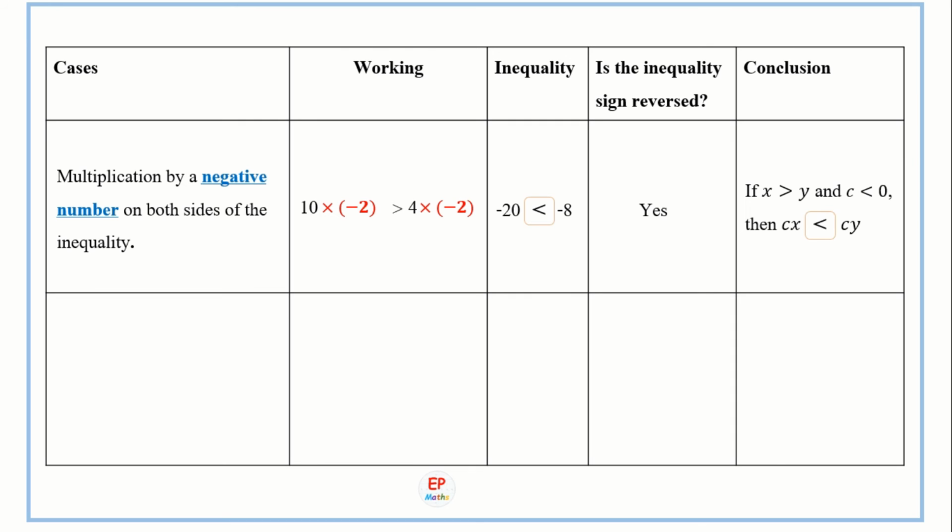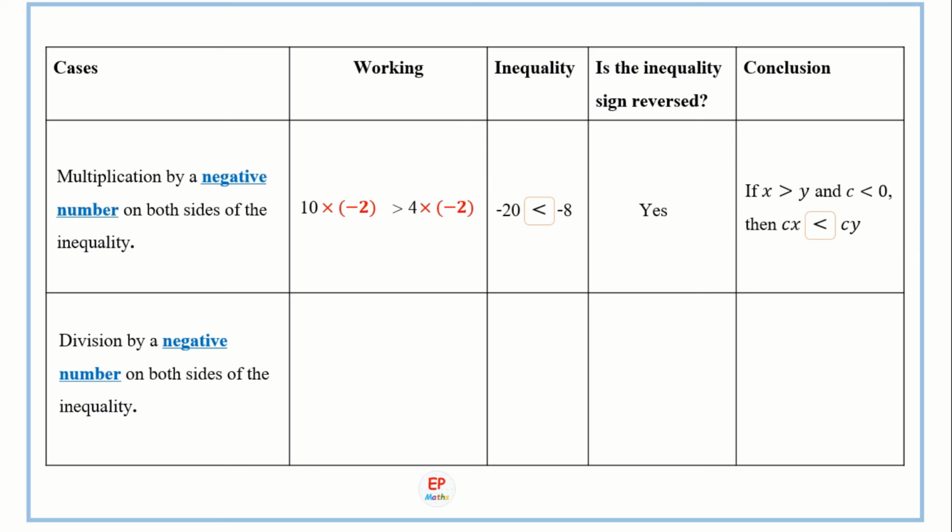Please note that when you multiply both sides of the inequality by a negative, the sign has got to be reversed. If it is more than, it will be less than. And if it is less than, it will be more than. Okay? So, we'll look at the final case.